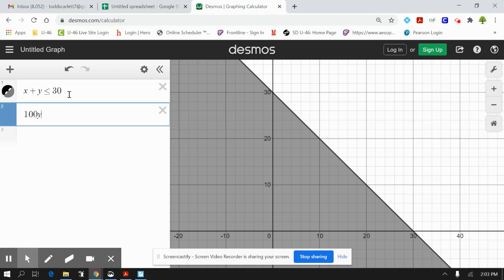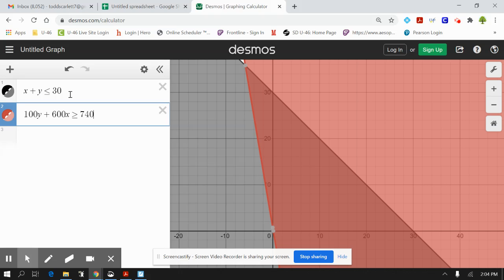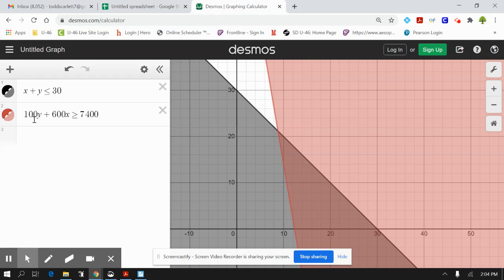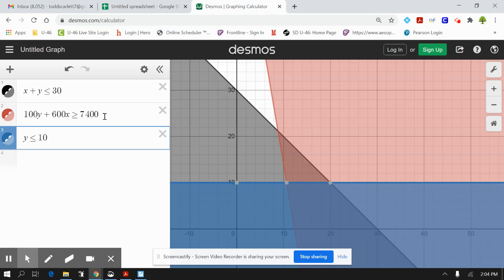The other one was 100y + 600x has to be greater than or equal to 7,400. So every ordered pair in the red section, if you take 100 y's plus 600 x's, you'll get a number that's greater than 7,400. And there's one more. The y has to be less than or equal to 10.